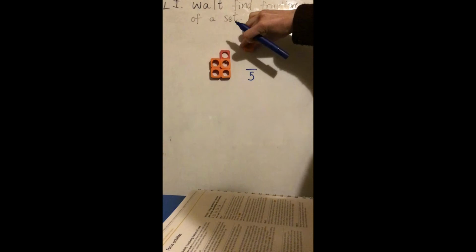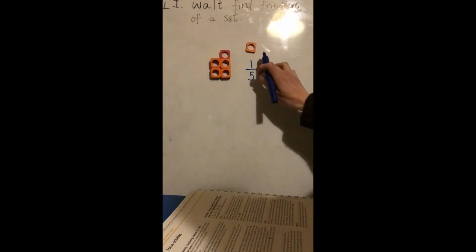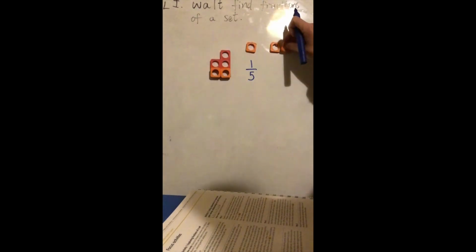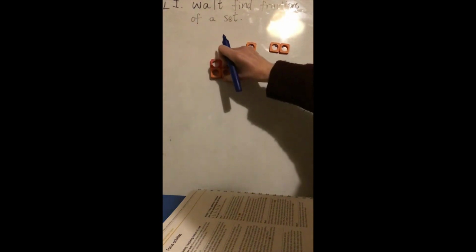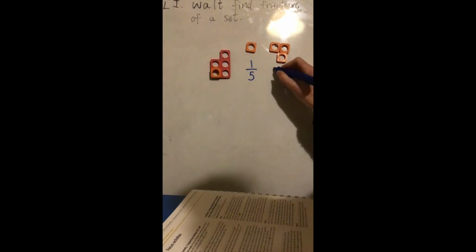Okay, so if I want to talk about just one of my individual yogurt pots, I've got 1 out of 5 equal parts, and then let's say that one was peach, and I had 3 strawberry yogurts. That could be 3 out of 5 equal parts.